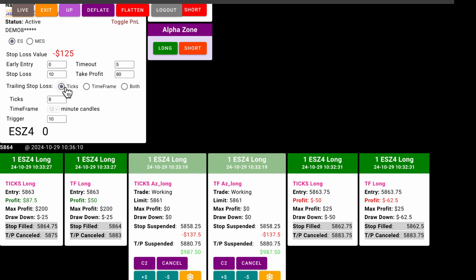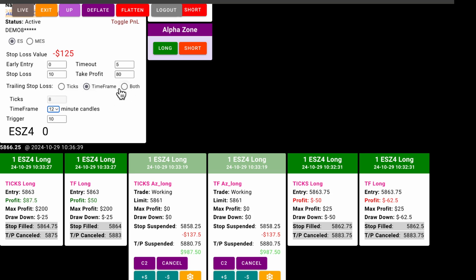So this is good to lock in some basic profits quickly. And then the time frame: that uses, say, the 12-minute chart candles, and it will move the stop up below the previous candle's low for a long, and if it's a short, it will keep it at the top of the previous candle's high.